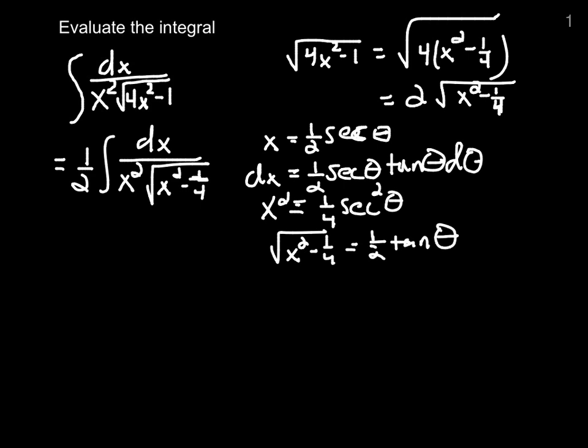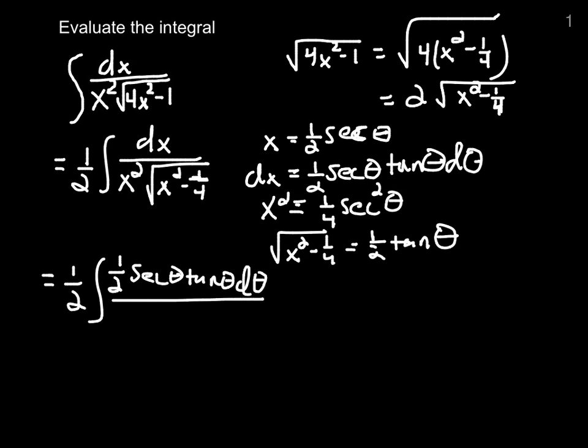Okay, great. So we have the original half that's on the outside that we ended up factoring out. Dx, which is 1/2 secant theta tangent theta d theta. X squared in the denominator, 1/4 secant squared theta, and the radical that's in the denominator, 1/2 tangent theta.